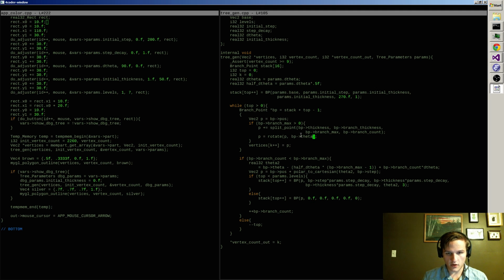Because if I was thinking about this in terms of the math orientation, the tree is actually upside down. And then the rotation becomes a larger number as theta becomes larger and a smaller number as the theta becomes smaller. At 270 the rotation is 0. So it's theta minus 270, I think.